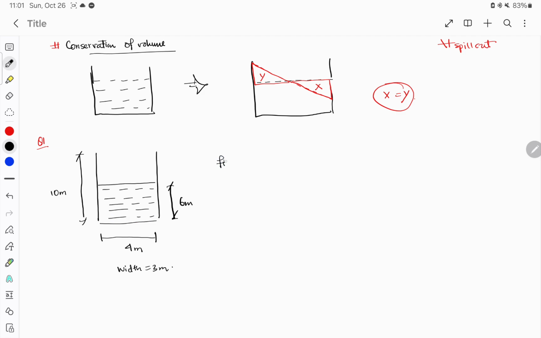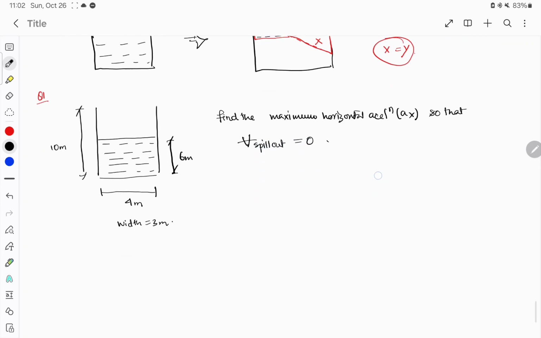You are to find the maximum horizontal acceleration, which means they have asked us ax, so that volume of spill out is equal to 0.